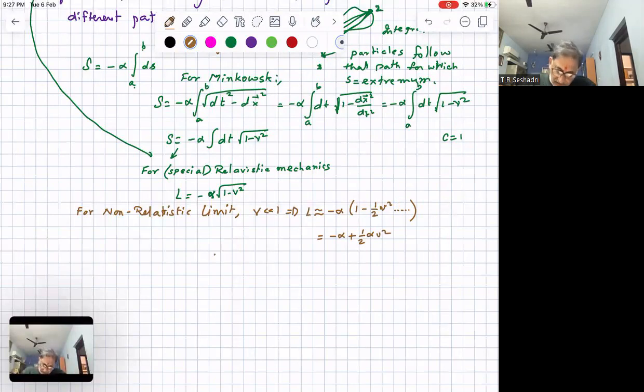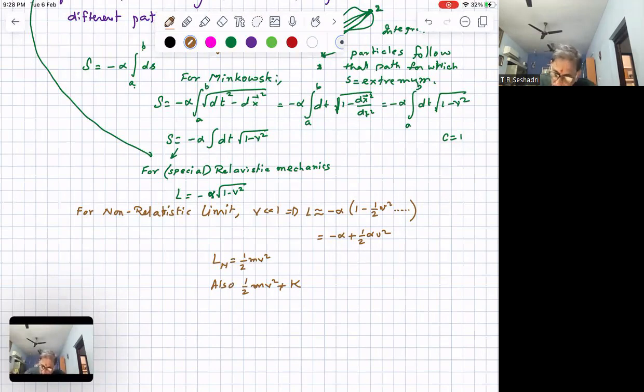Now, non-relativistic L is equal to half m v square. But you can always add a constant to the Lagrangian. It will not change the equations of motion, because you are getting the equation of motion by varying it, so a constant will remain a constant. It's like differentiating a constant.